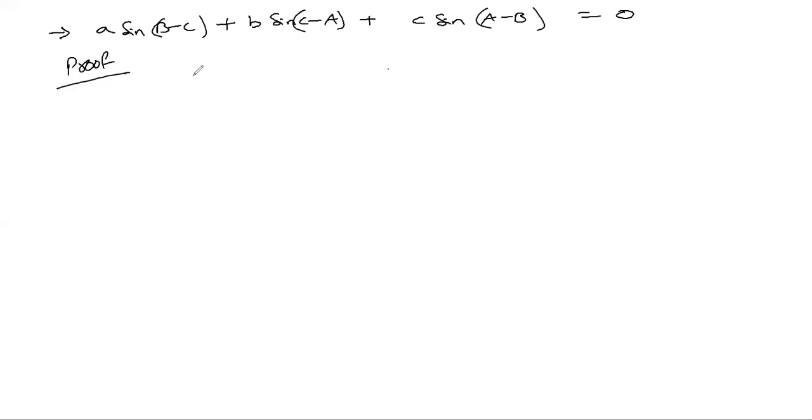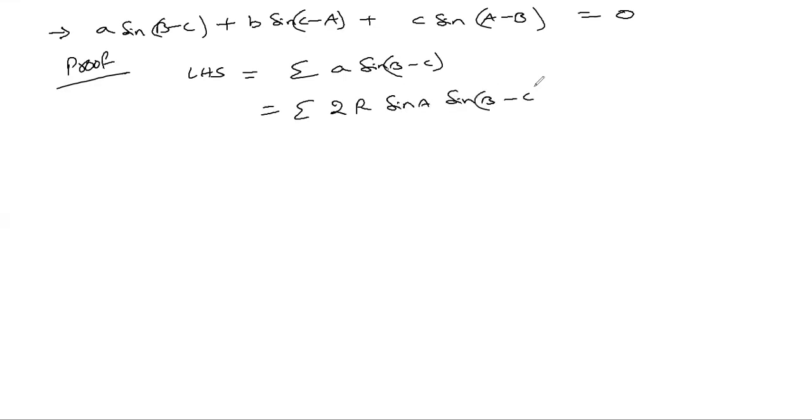This can be written as left hand side. I am considering that it can be written as sigma a times sine(B minus C). You can write this as sigma 2R sine A sine(B minus C).